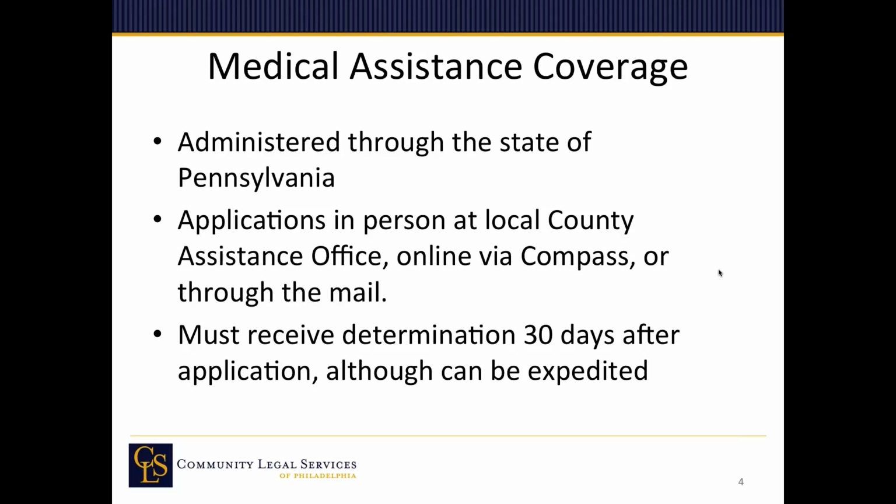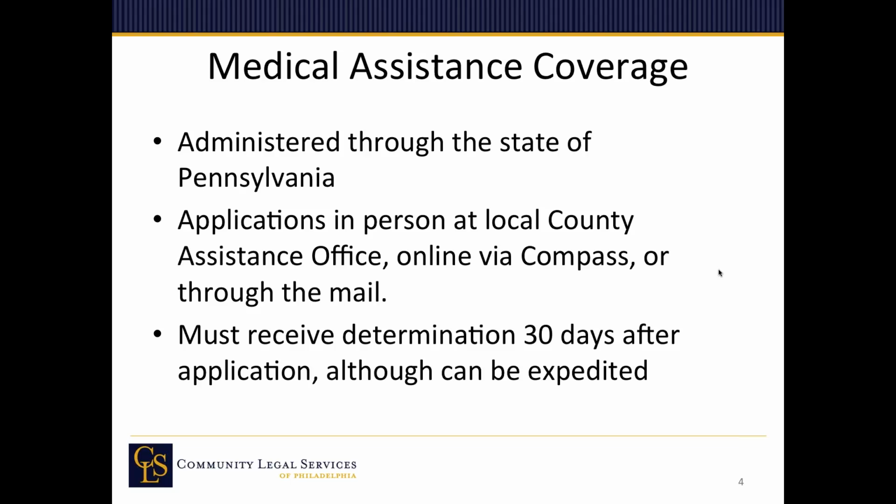So a quick overview of which immigrants can access which of these health insurance programs. Within medical assistance, we have three different pockets of coverage. We have federally funded medical assistance, and if you remember from Tuesday or from Thursday, the immigrants who can get these types of medical assistance programs are limited.